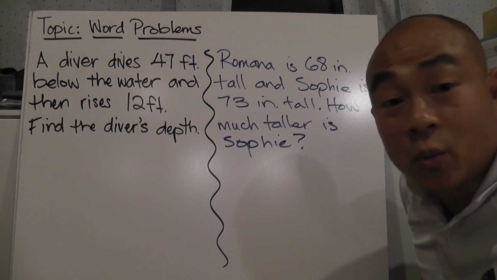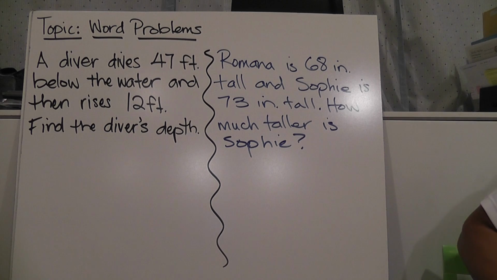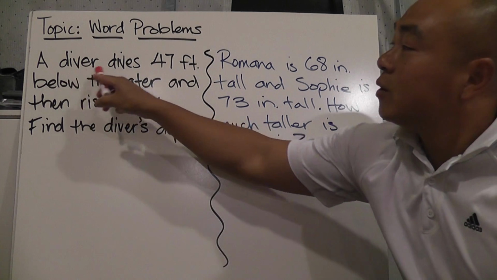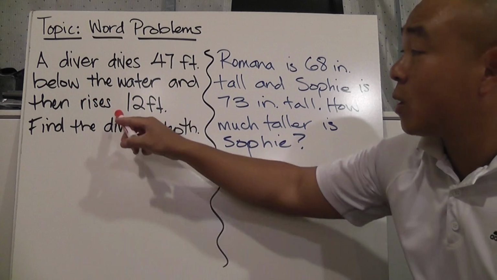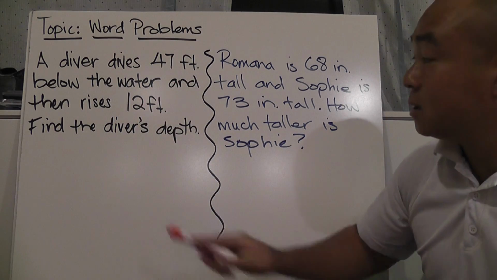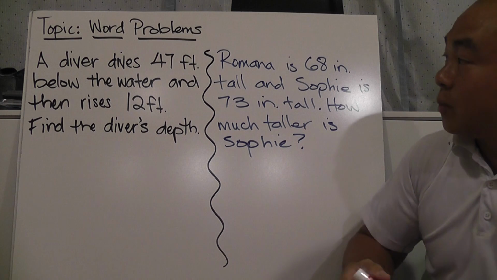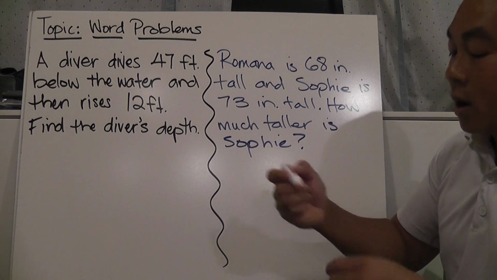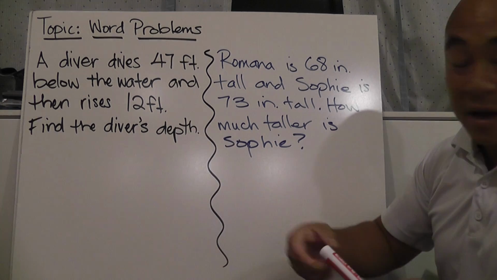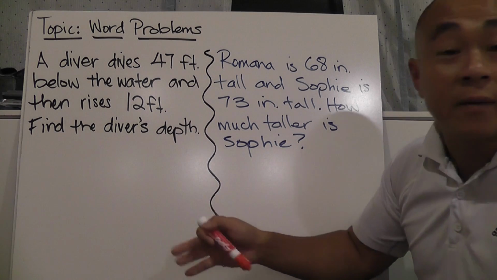Alright, let's go into word problems. A diver dives 47 feet below the water and then rises 12 feet. Find the diver's depth. Now, if a diver goes down 47 feet, why don't we go ahead and draw the diver and the water and the ocean.